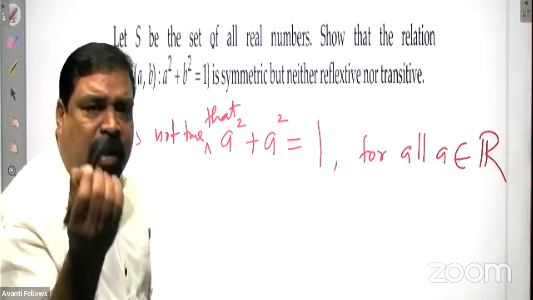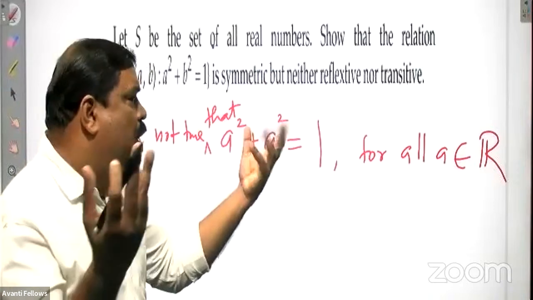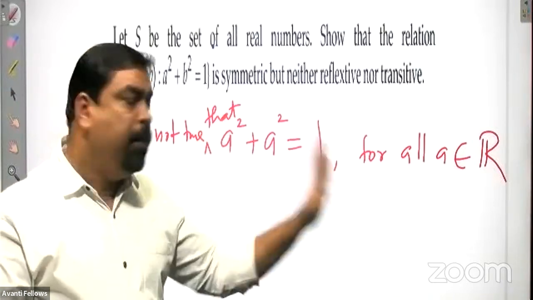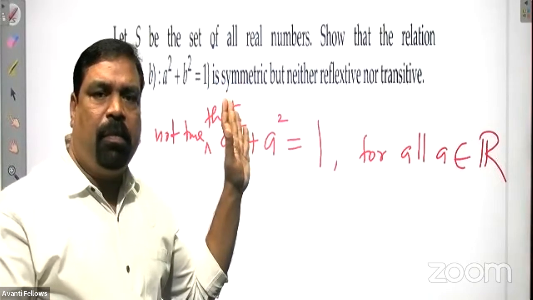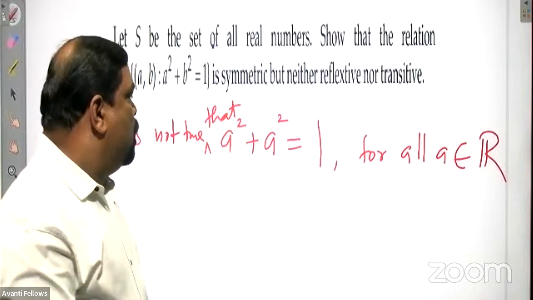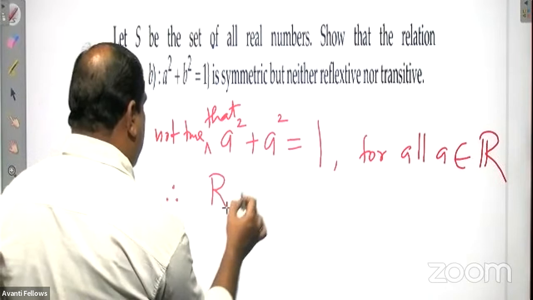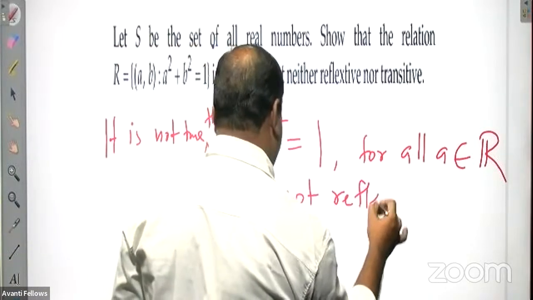So only in that particular case will it be satisfied. There are so many numbers not satisfying this property. So very clearly this is not true every time. So it is not reflexive. Clear? Therefore, the relation is not reflexive.